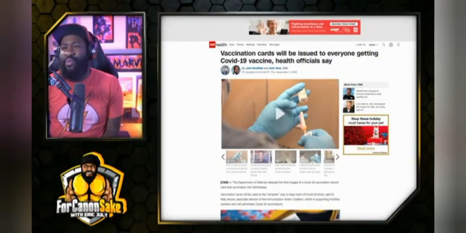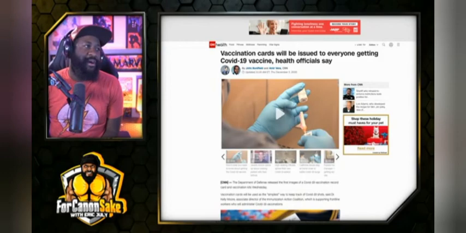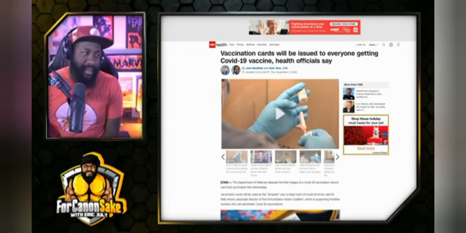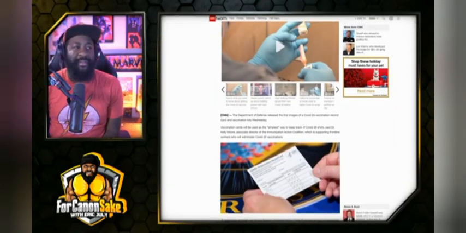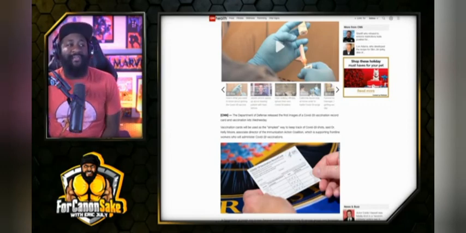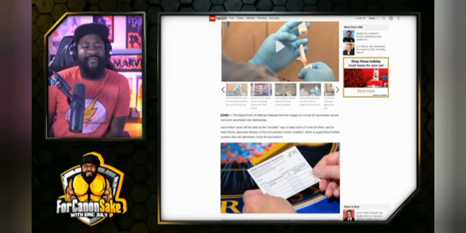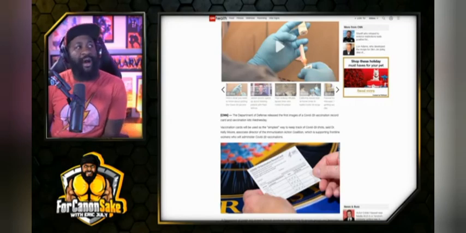Vaccination cards. This isn't Orwellian at all. Will be issued to everyone getting the COVID-19 vaccine, health officials say. The Department of Defense released the first images of a COVID-19 vaccination record card and vaccination kits Wednesday. This is reported by CNN, Fake News Network.